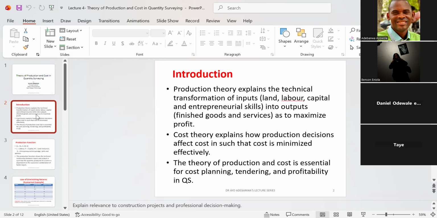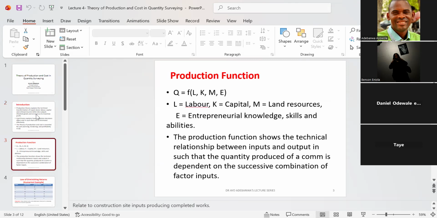When you are talking of planning, tendering, that is submitting quotations and assessing quotations, and then profitability in quantity surveying, that you have to do when you talk about cost concept. So let's move on to look at the production function.